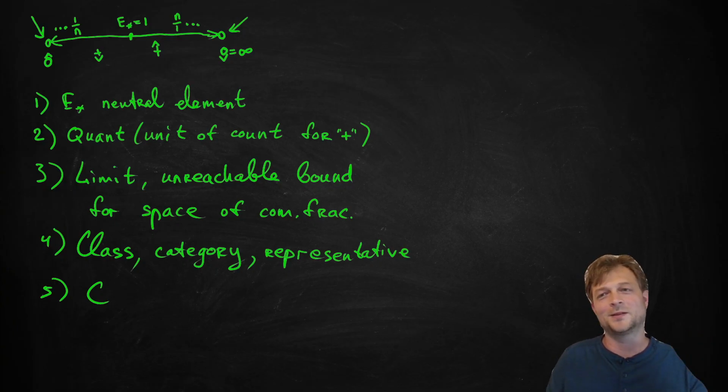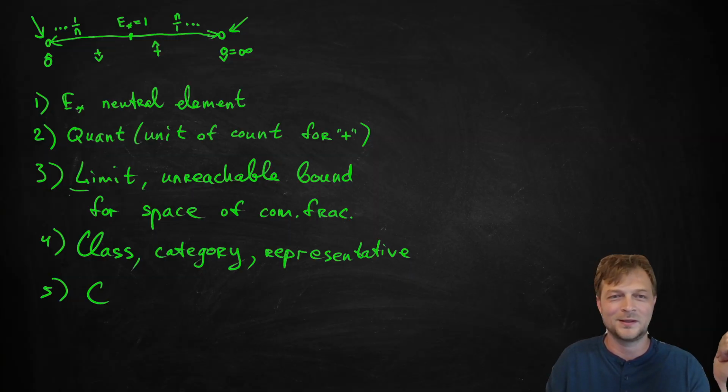We can try hard and get closer to it, but it's not attainable. So in some sense, c is an identity element in the sense of free.